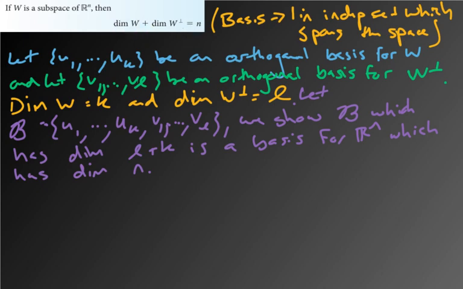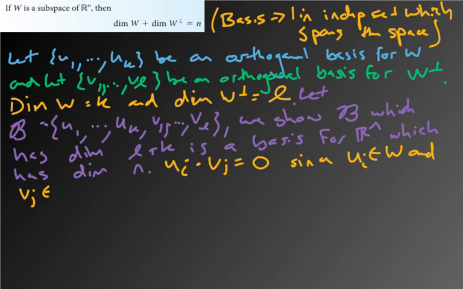That's the idea. The first note: every Ui dotted with Vj equals 0, since Ui is in W and Vj is part of W perp, right?